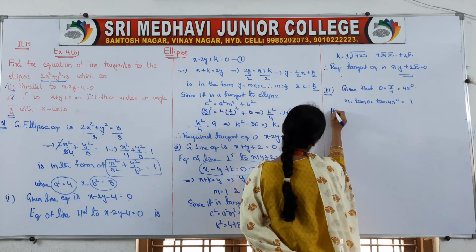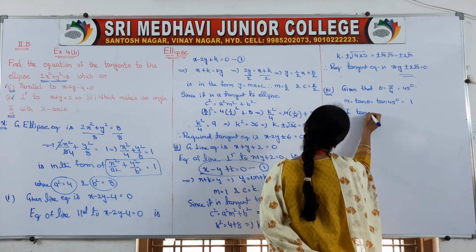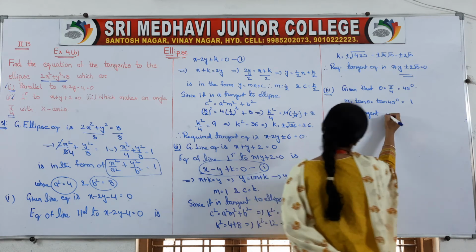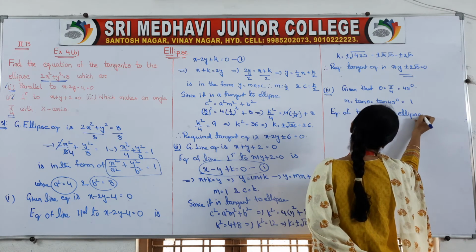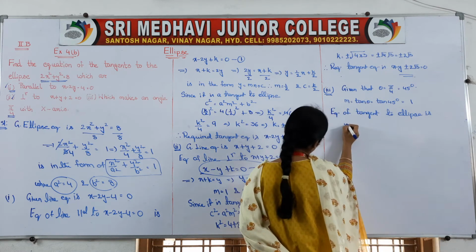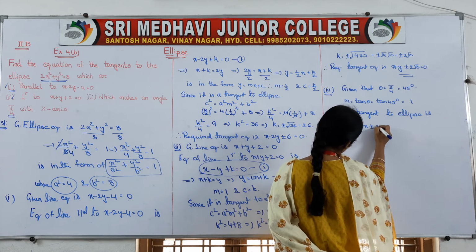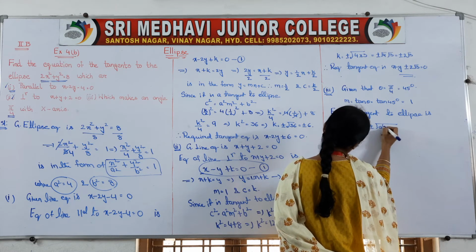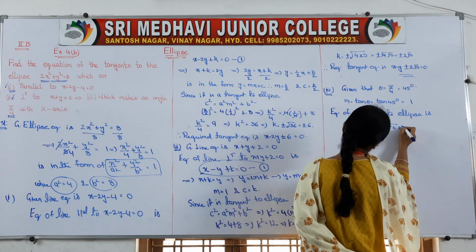The equation of tangent to the ellipse has a formula. What is that? y is equal to mx plus or minus root of a square m square plus b square.